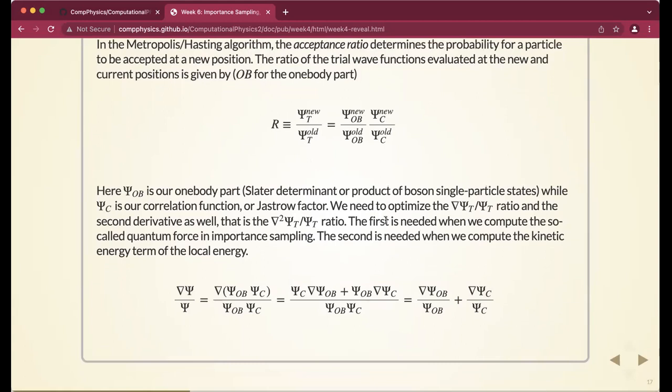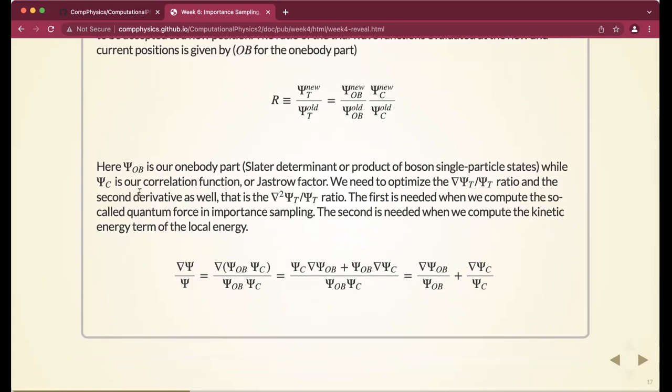We also need to optimize the calculation of the ratio between the gradient and the wave function, because we need that in the quantum force, but we need it also in the calculation of the kinetic energy. When you calculate the quantum force, there are things which could be reused, or the expressions at least, when you calculate the second derivative.